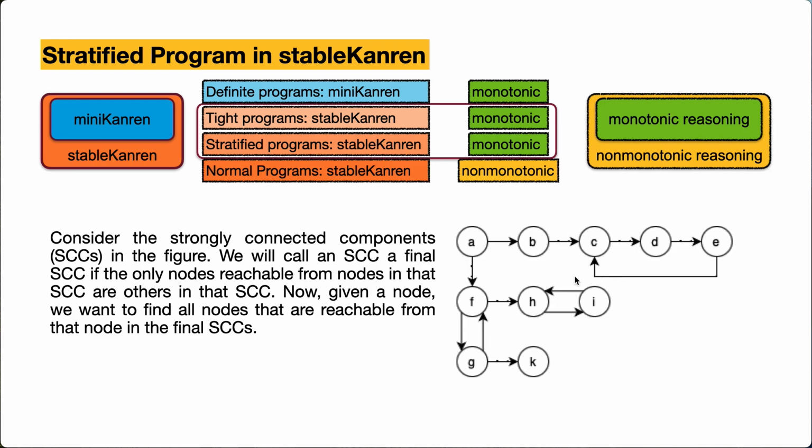Now, given a node, we want to find all nodes reachable from that node in the final SCC. For example, here we have one strongly connected component, C, D, E, forming one SCC, and A goes to C, D, E. C, D, E are the final SCC of A, and the same goes for B. So basically, all the leaf SCCs are considered final SCCs.